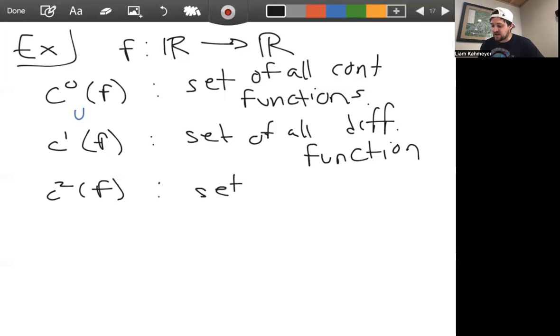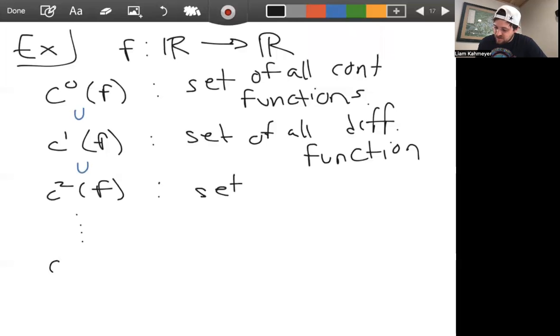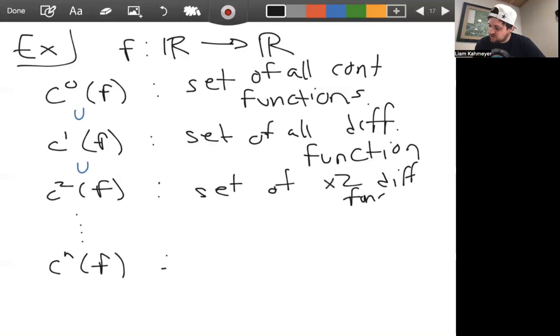And you could define this inductively, right? All the way down to say C sub n of F, which would be the set of n times differentiable functions.